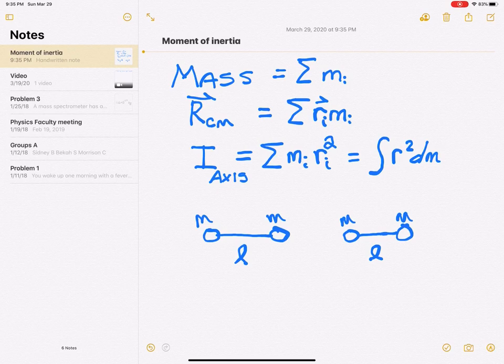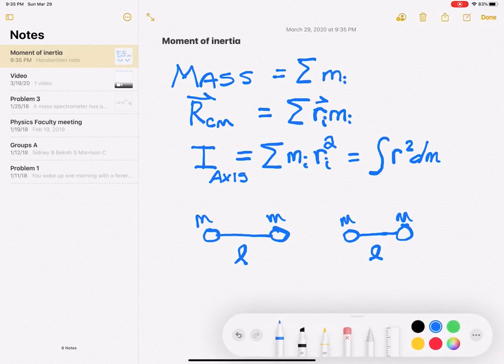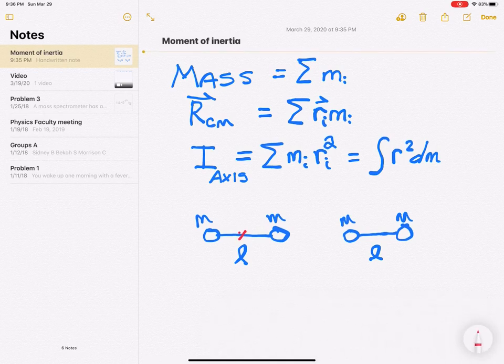But I'm going to anchor this setup here in the middle and this setup here off to the side. And when I'm careful, I will label it as the axis.